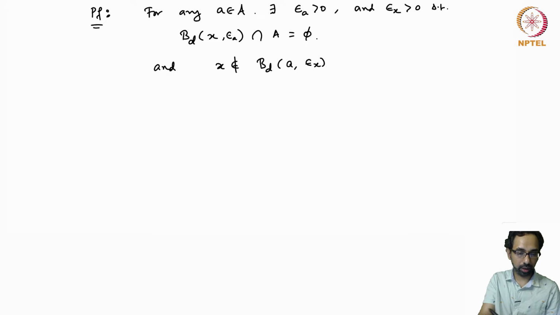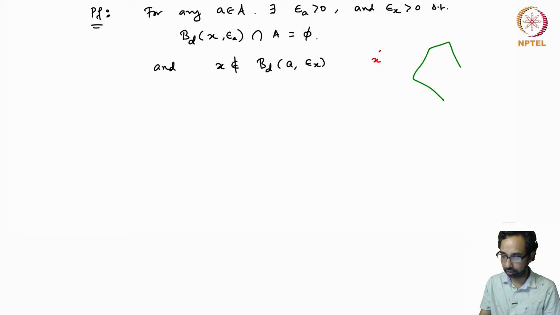So what we are doing here, we are taking small enough radii. So we have this closed set A and you have some point a here.